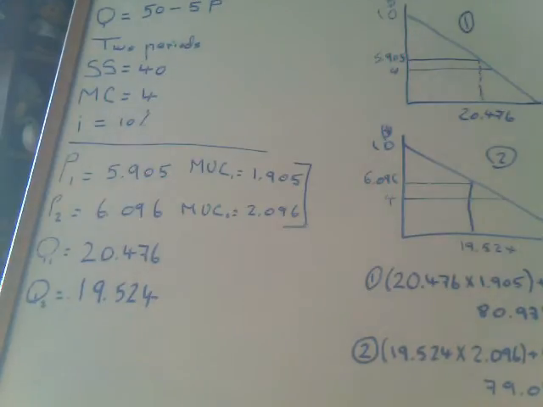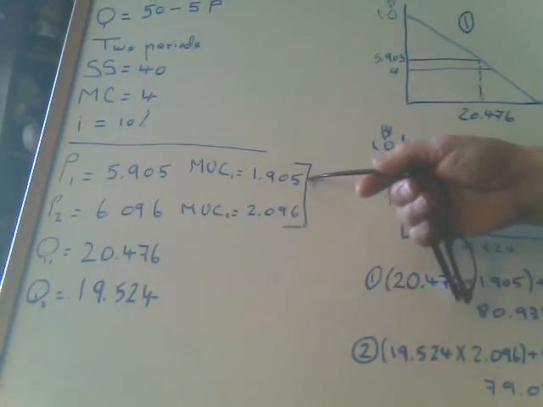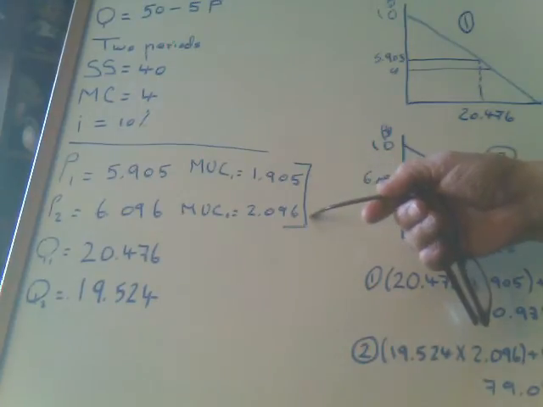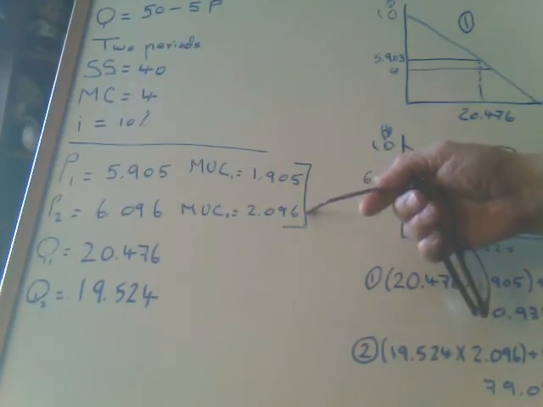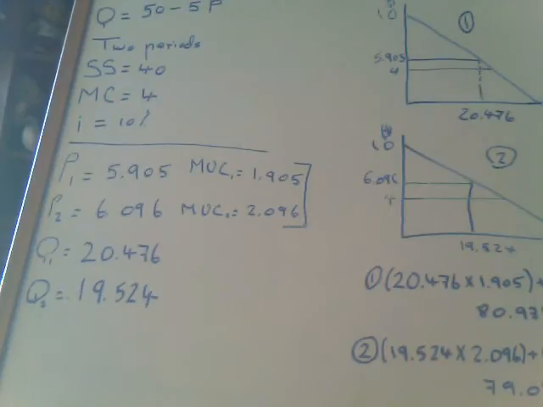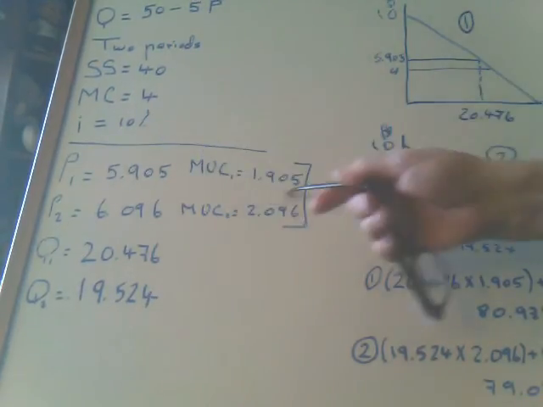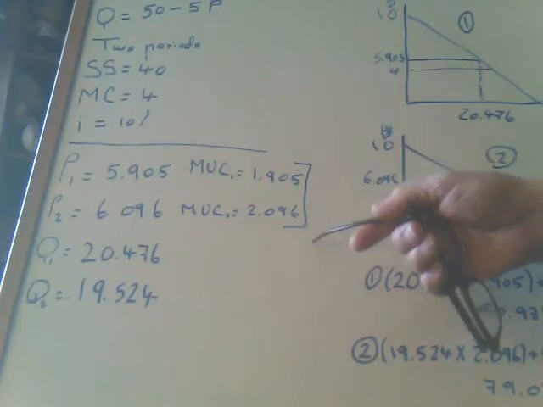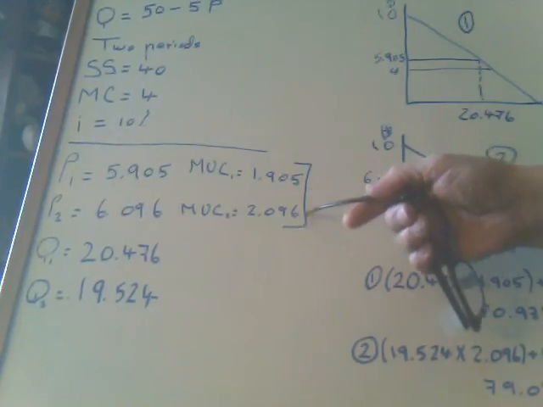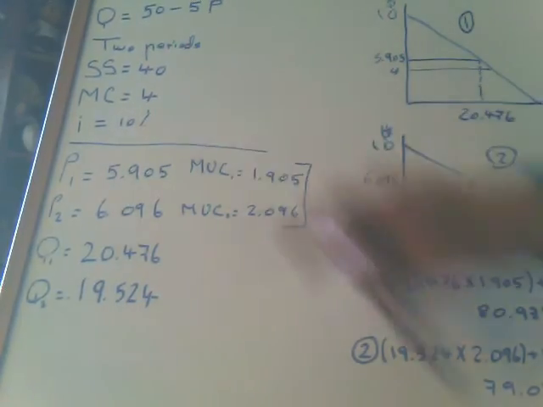I hope that all of you, or most of you, have noticed immediately that this is this plus 10%, or this is this discounted by 10%. So the discount rate determines what happens to rent. Rent increases by the discount rate.